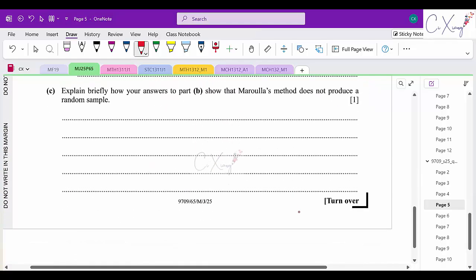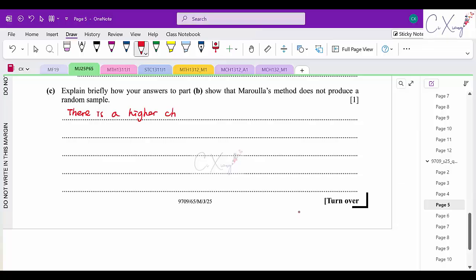Now you can give the reason why. So you can just tell them that there's a higher chance to get certain member numbers. So for our example here, basically it is 680, because 680 will have two random numbers to get 680.